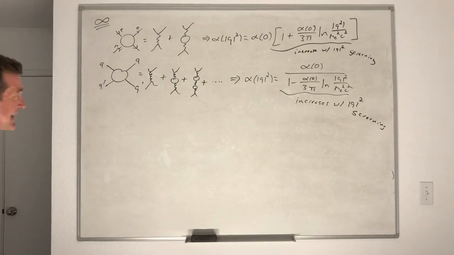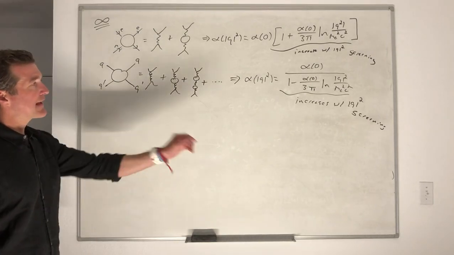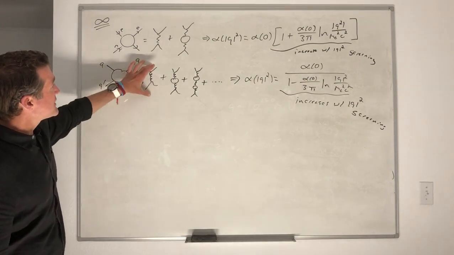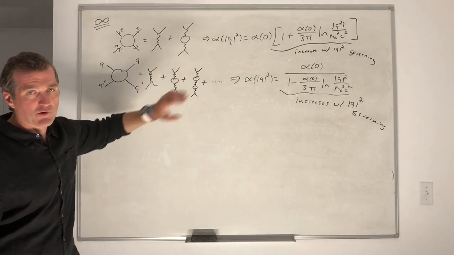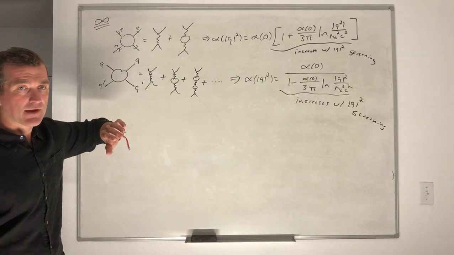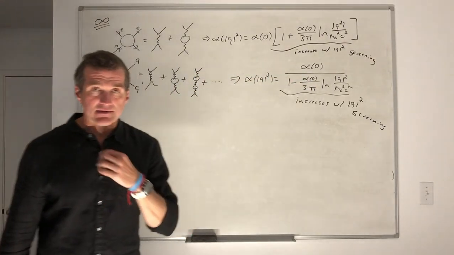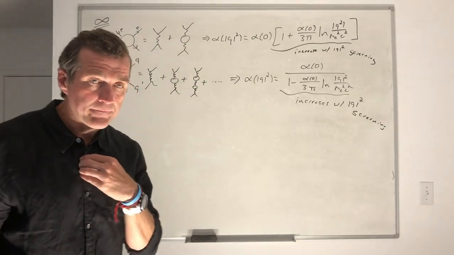For QCD, it turns out that a very similar story plays itself out. You can have this tree level diagram and then these loop corrections, and these all lead to screening effects.